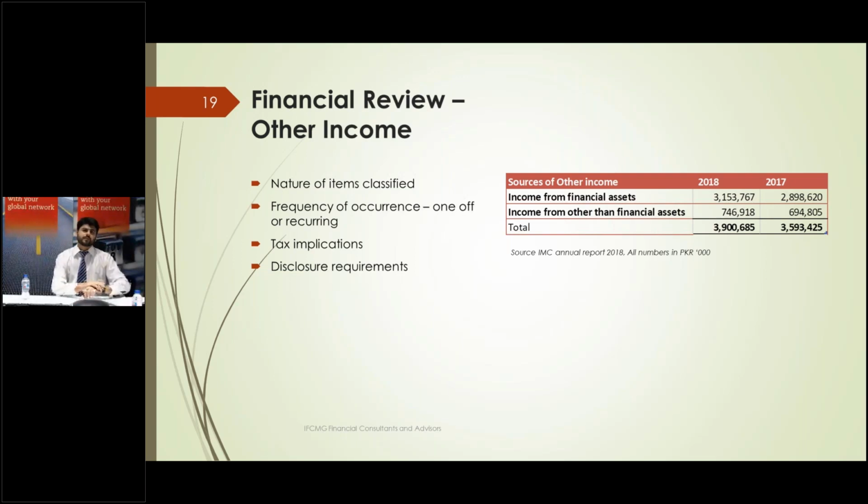For example, I once was reviewing a company's numbers. I can't disclose its name. The company had its assets written down to zero.